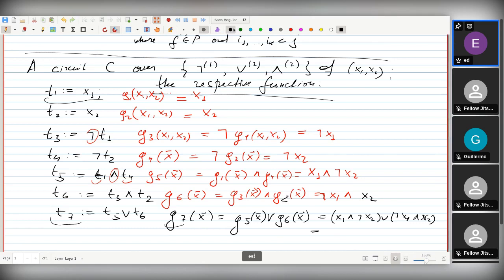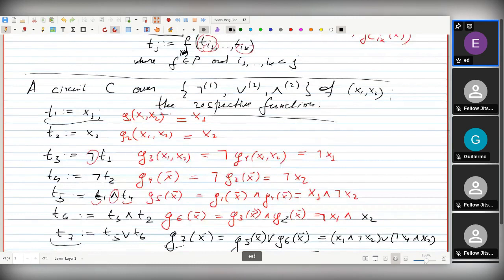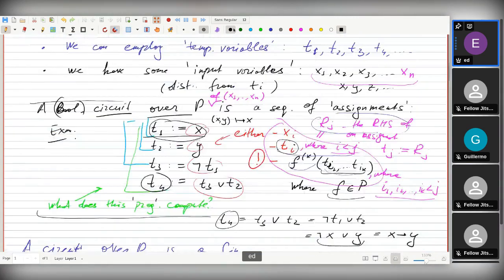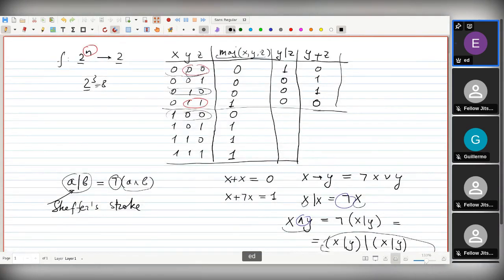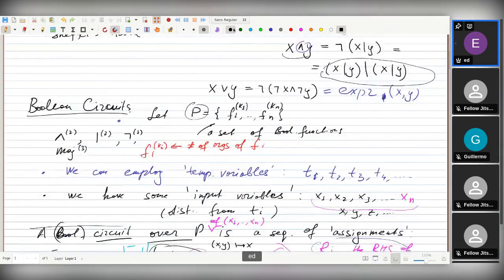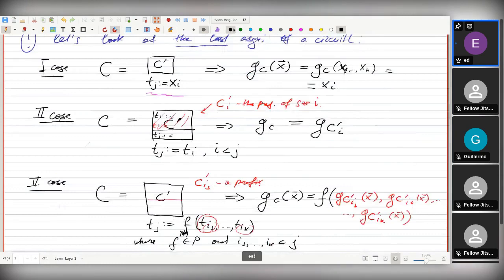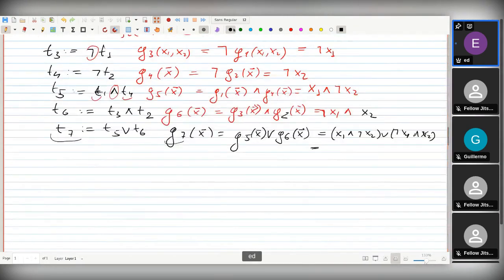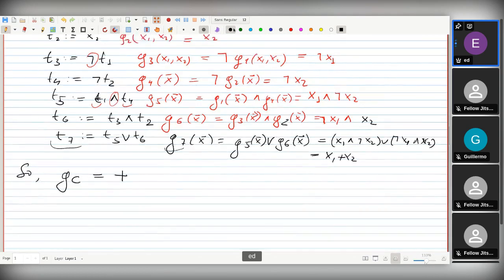What is it? If we come back to our tables, XOR, of course, exactly. It is our XOR, or just addition modulo 2. It is just x1 plus x2. So we see that the function that corresponds to this circuit is just addition.